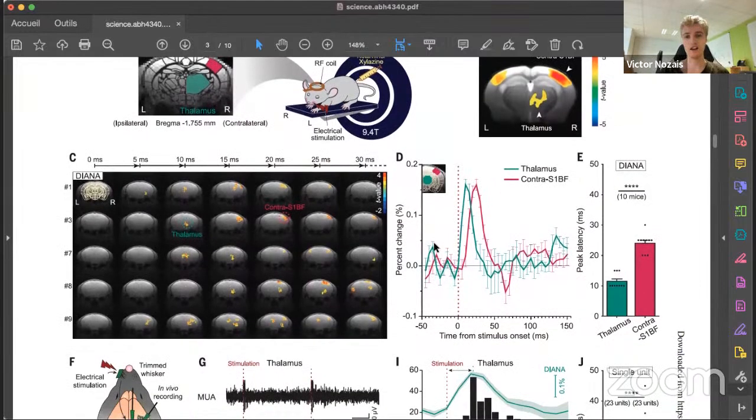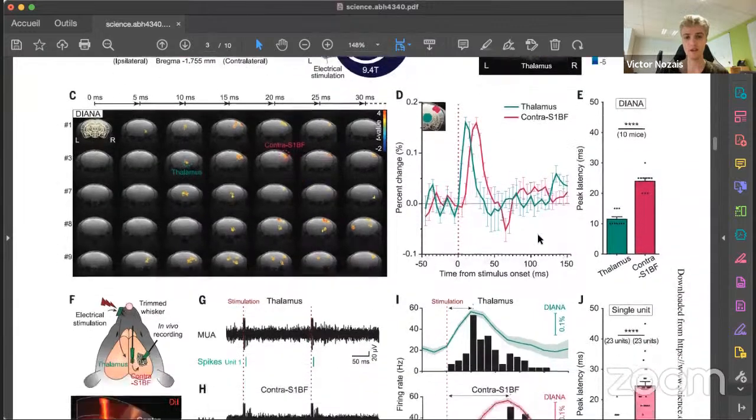And here you can see in green is the spiking they managed to detect in the thalamus, and in pink or purple is the spiking with Diana that they had in the barrel cortex. And you can see that nice spiking in both, with first the thalamus spiking about 10 milliseconds after the stimulus, and then again about 25 milliseconds after there is spiking in the cortex.